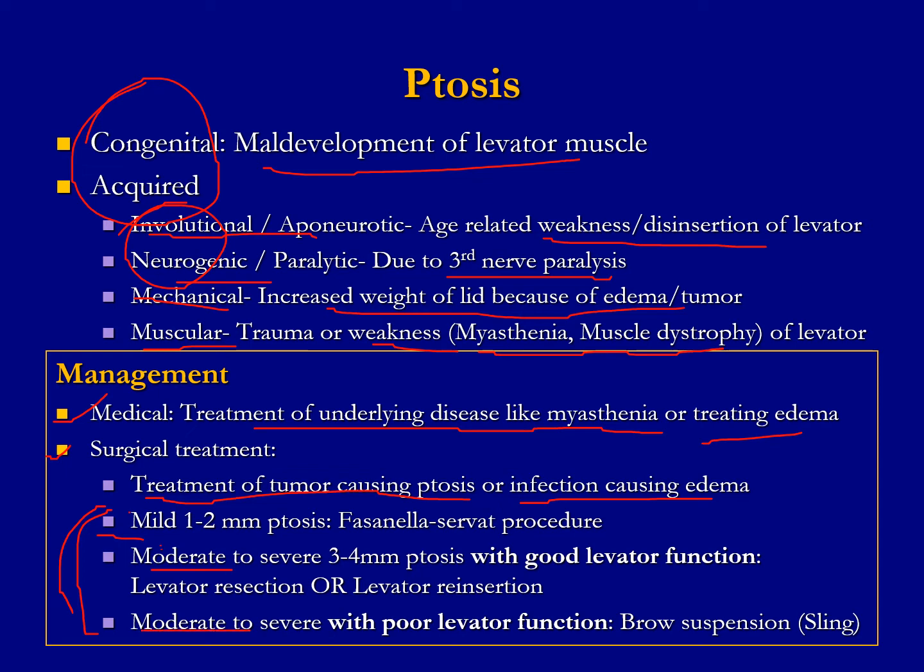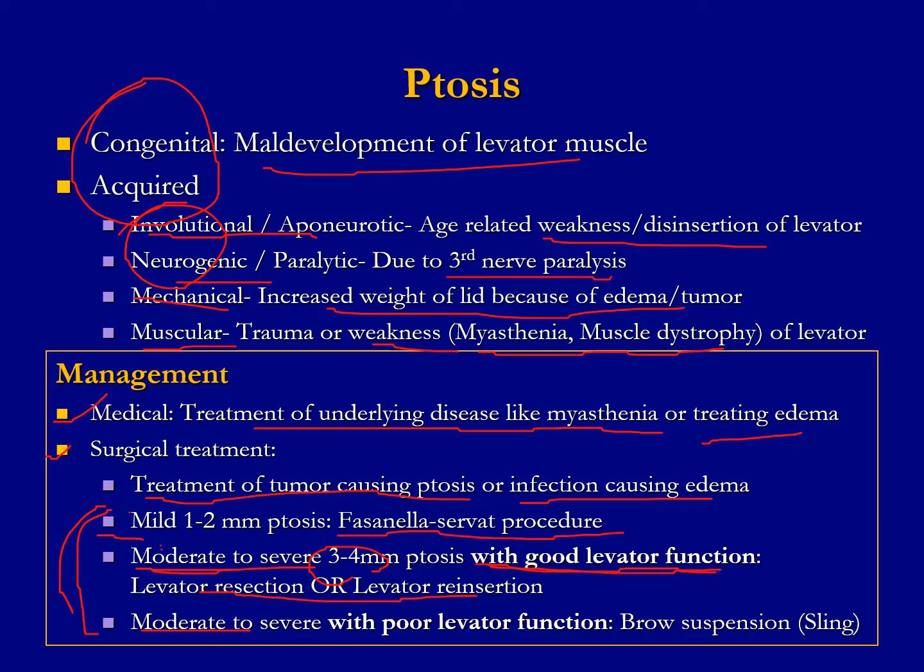Mild ptosis can be treated with the procedure called Fasanella-Servat procedure. Mild to moderate, which is like 3 to 4 millimeter ptosis with good levator function. Remember, moderate to severe ptosis with good levator function can be treated with levator resection or levator reinsertion.